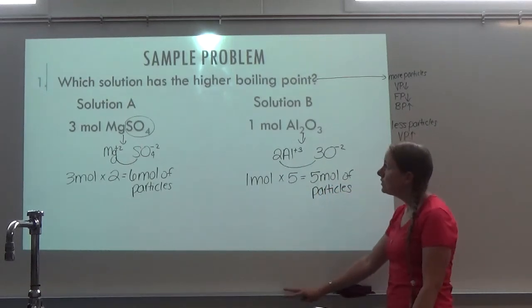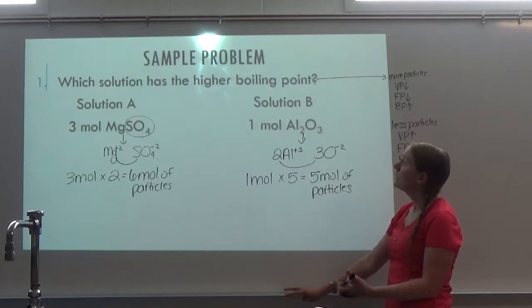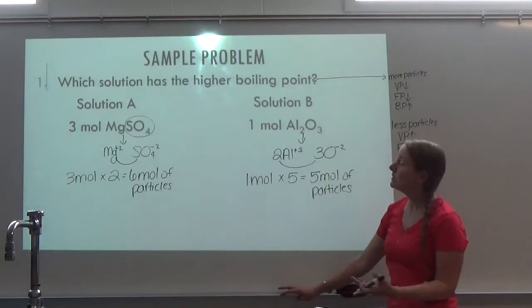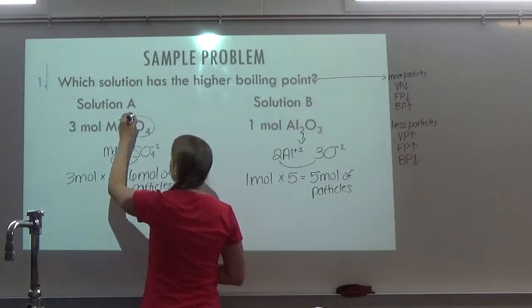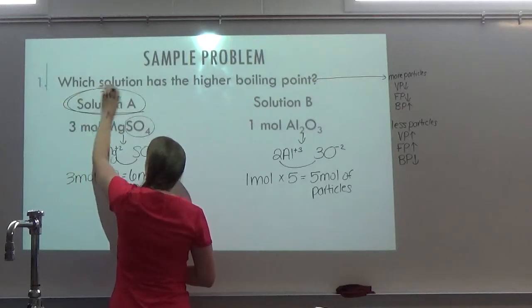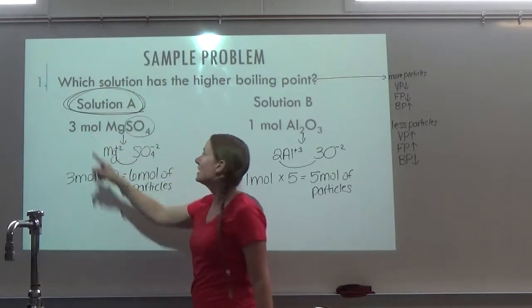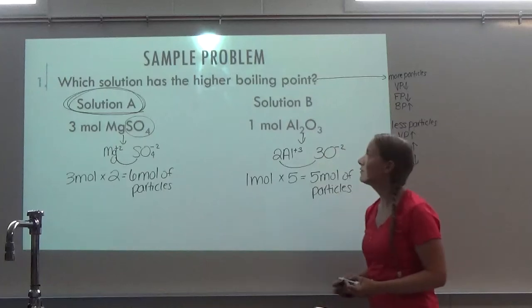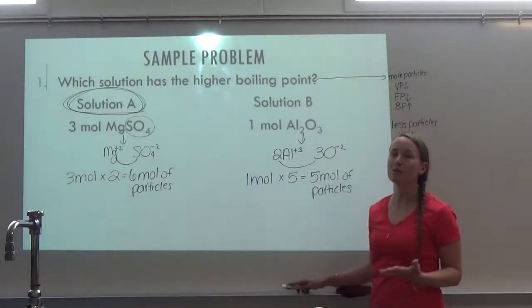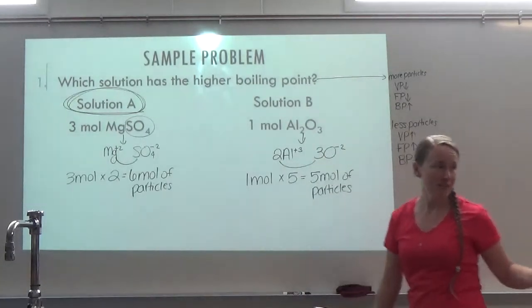All right, so we're looking for the one with more particles, and so in that case, it would be solution A. Now, I know some of you are like, well, wait a minute, I could have told you solution A by saying, well, there's 3 moles instead of 1 mole. Well, it doesn't necessarily always work that way. So you have to be careful of that.